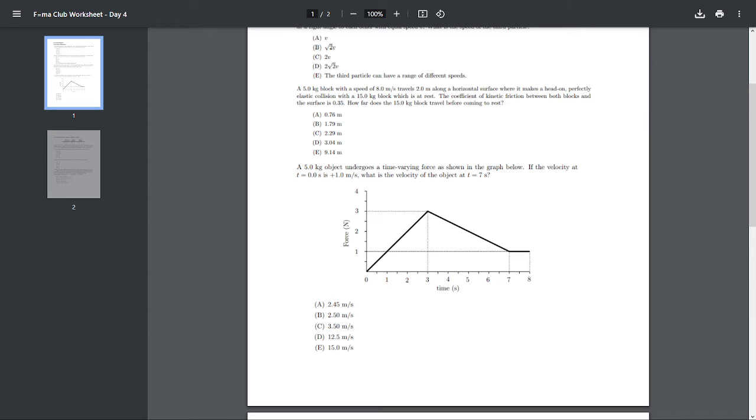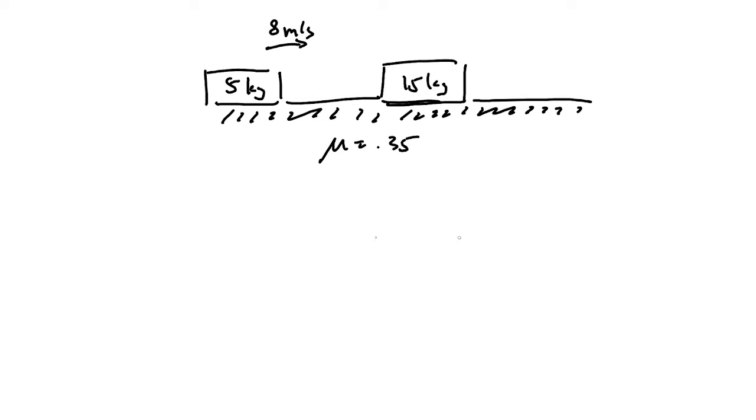All right, I suddenly realized that I forgot my calculator, so I'm going to be doing these by memory. So we have a 5 kilogram block that's moving at 8 meters per second, and this is 2 meters. Let's figure out how much speed the 5 kilogram block loses. The only force acting on this block right now is friction, and our friction is going to be mu N. Mu is 0.35.